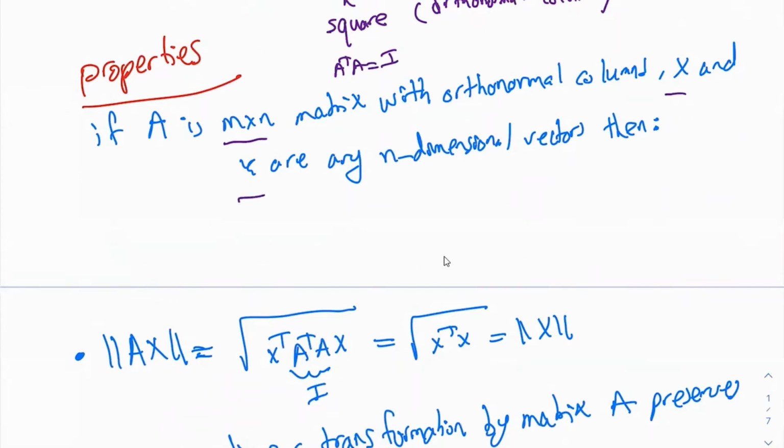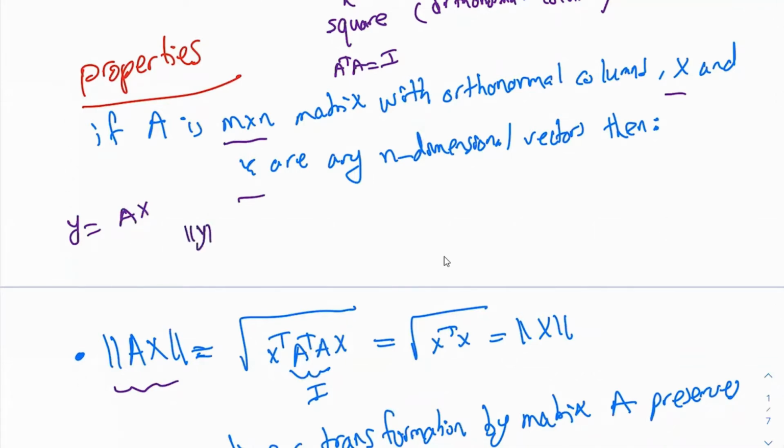Let's see what will happen to a vector x if we perform a transformation with a matrix A that has orthonormal columns. Let's see what happens to the norm of vector x. So let's call y to be Ax, and we want to see what happens to the norm of y.